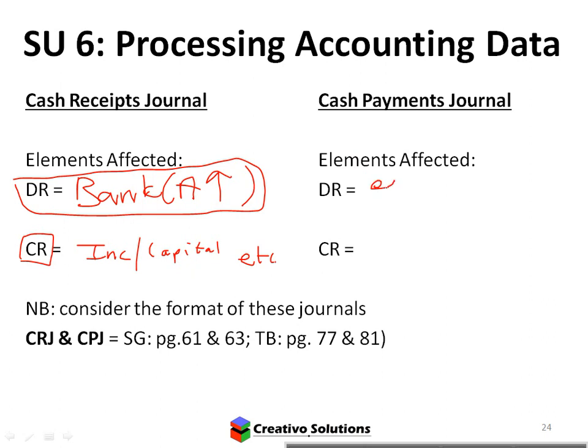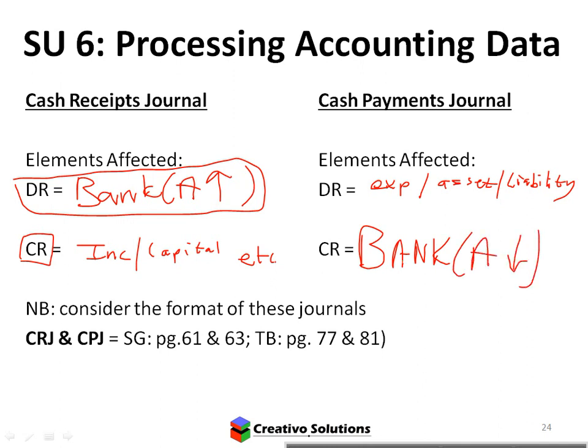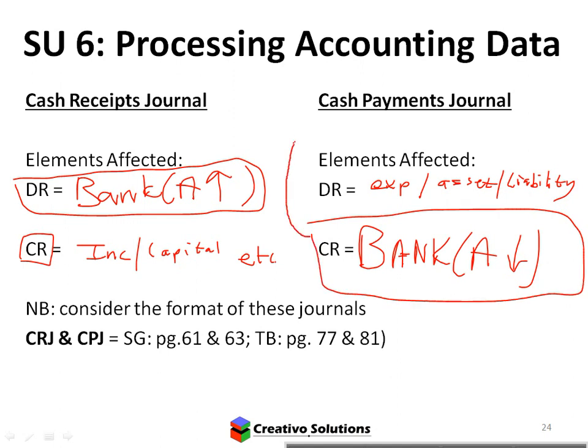I could buy an asset, or I could pay a liability. But if I'm paying, what account is going to be affected? Bank. Asset, decrease. There's the NB.